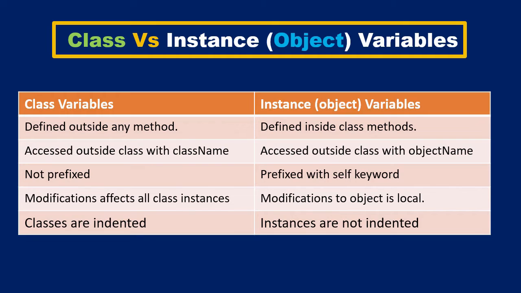Classes are indented. So when you create a class, you have to make sure it is properly indented with the variables, with the methods, and other things that belong to that class. With a variable instance, the instances are not indented. So these are just some basic differences between a class variable and an object variable.